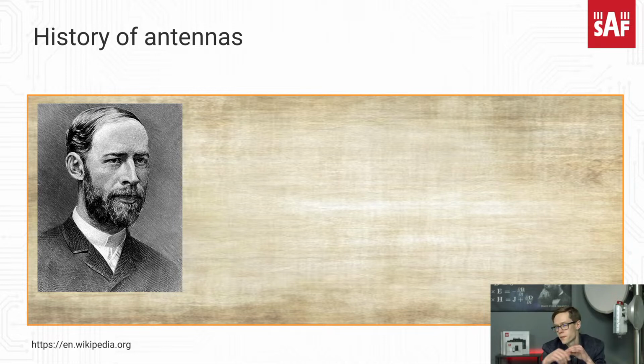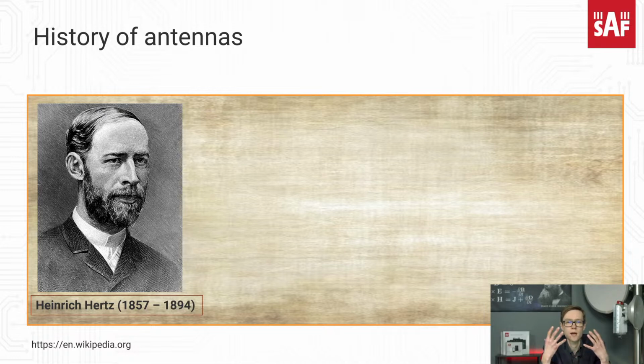All right, then the mystery now will be unveiled. His name is Heinrich Hertz, and he is famous for trying to prove the theory behind the Maxwell's equations, and to prove the existence of electromagnetic radiation, electromagnetic waves.